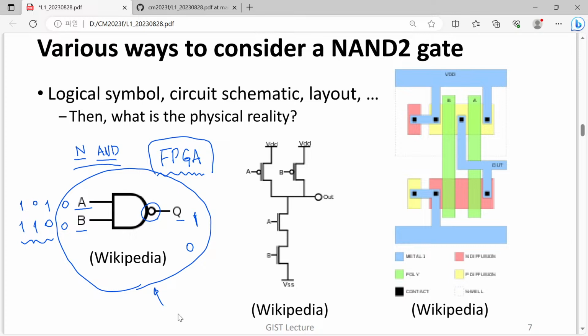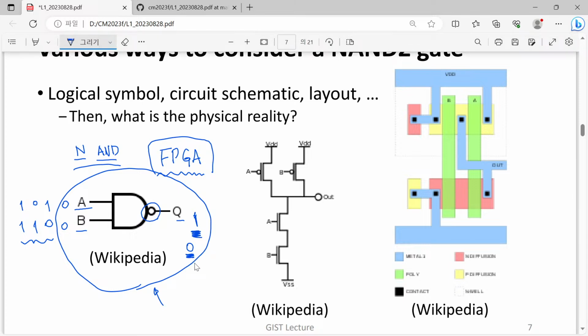But in my opinion, at least in this sense, this logical symbol is far from the physical reality and is much more abstract. What is the logical one and what is logical zero? That is in our brain.